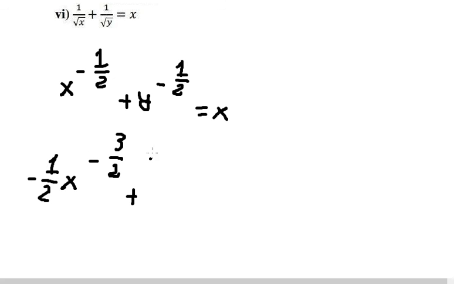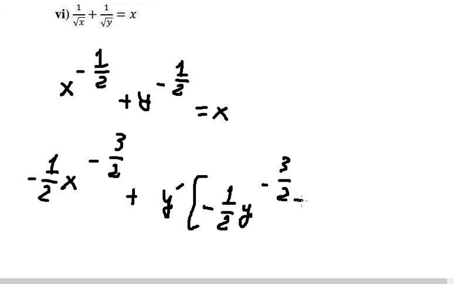Because this is about y, we have the first derivative of y, and we have negative 1 over 2 y to the power of negative 3 over 2. About s, we have 1.